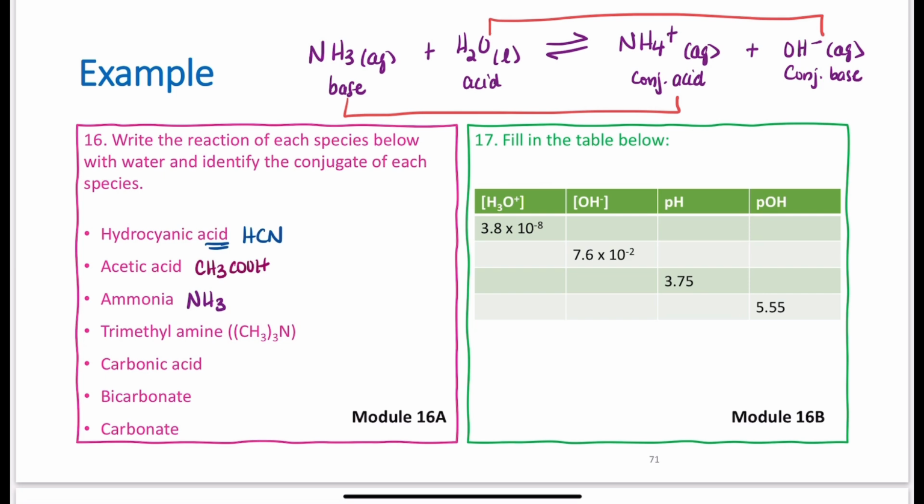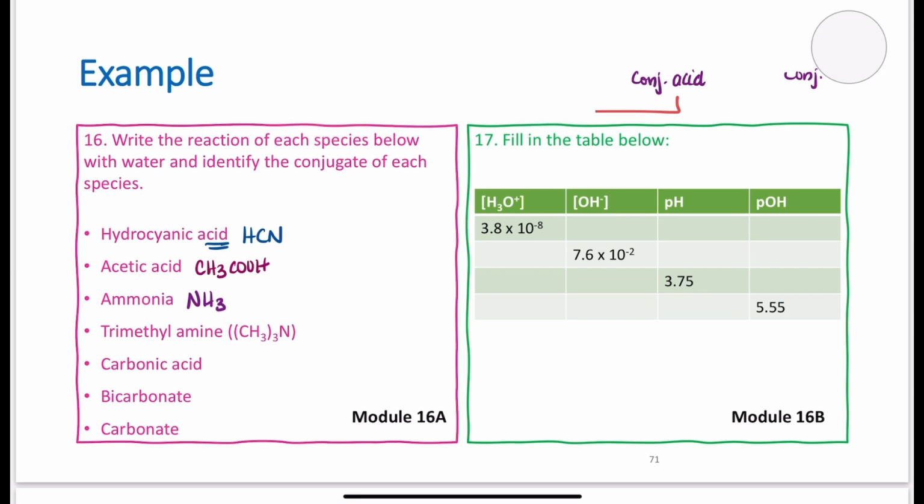What about trimethylamine? Students get really tripped up because they think, I've never learned that. That's probably correct. But you can do it because you can recognize that you've got this nitrogen hanging out here. When it says amine, it means like ammonia. Amine means it has a nitrogen with a lone pair, which also means it's a base.